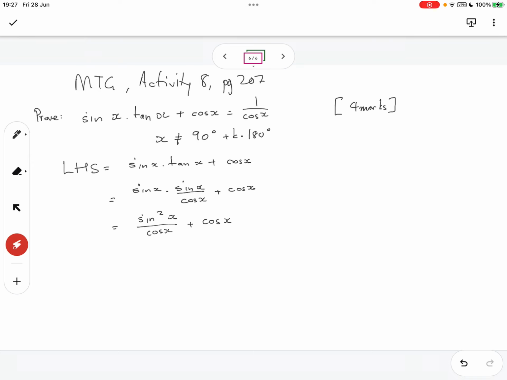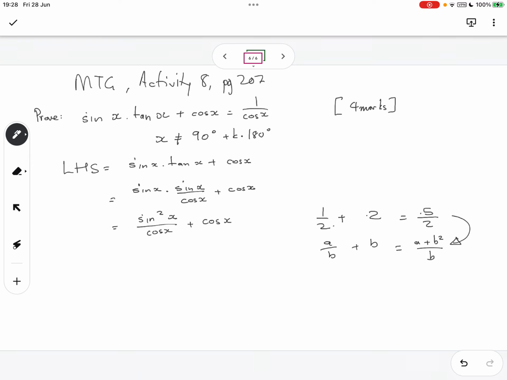And now we're going to do some addition. So I want you to think of fractions in the sense that if we have 1 over 2 plus 2, this gives us 2 times 2 plus 1, so it's 5 over 2. All right? In other words, if it's a over b plus b, it'll be a plus b times b over b, so b times b is b squared.